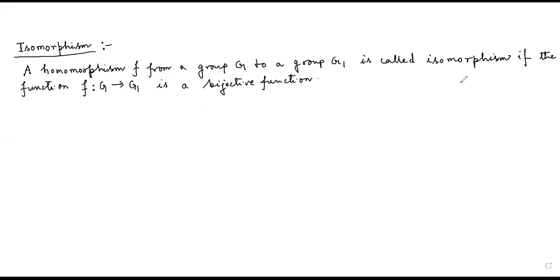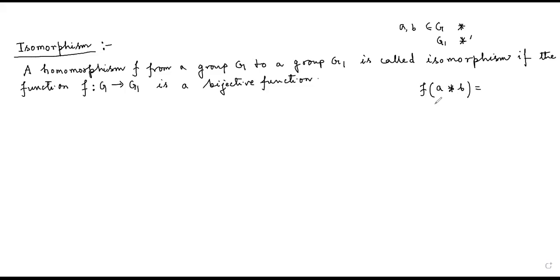And if we recall the definition of homomorphism between two groups, the way by which it was tested was that corresponding to the group G, we defined an operation star. Corresponding to the group G1, we defined an operation star prime. We took two elements A and B from G, and we considered their composition with respect to the operation star.